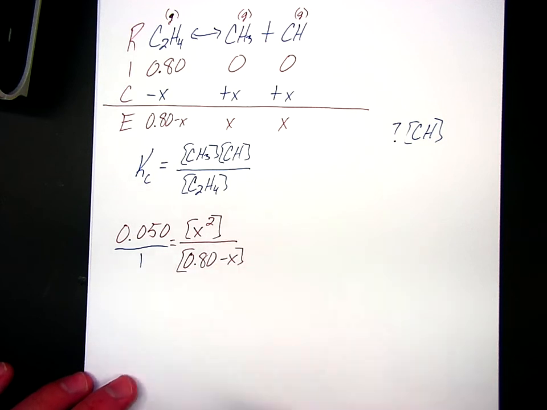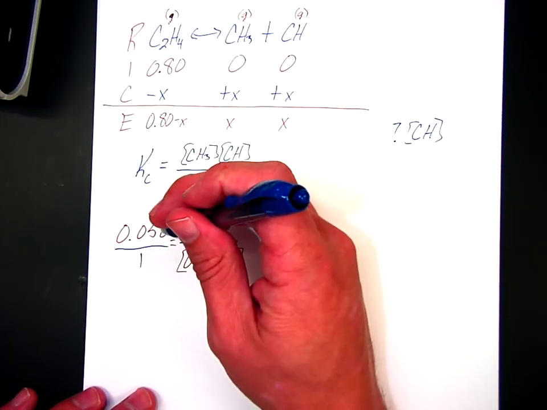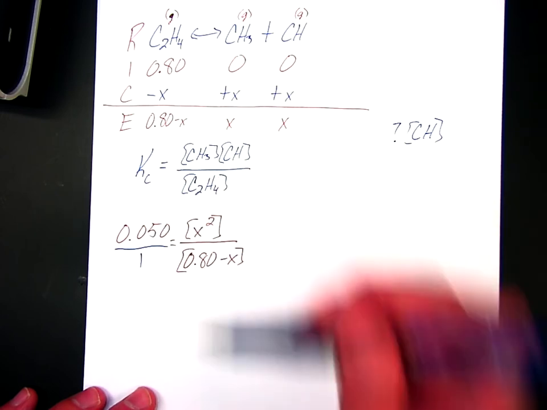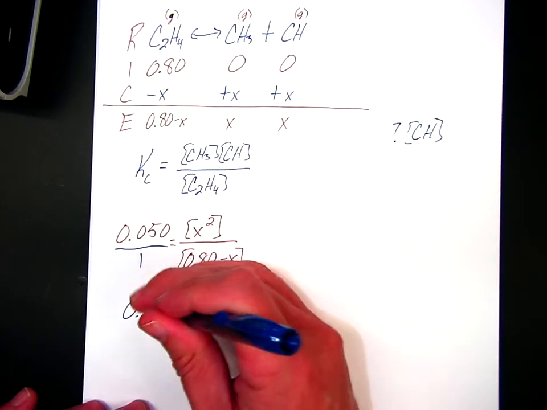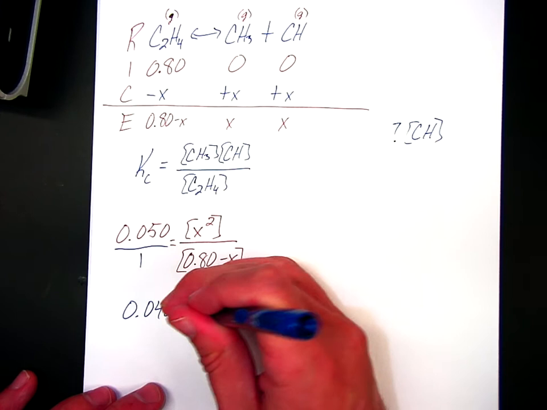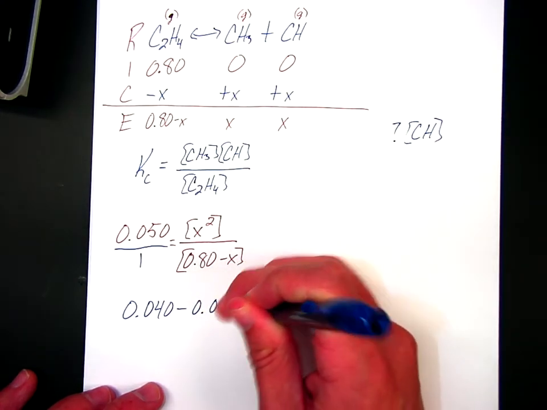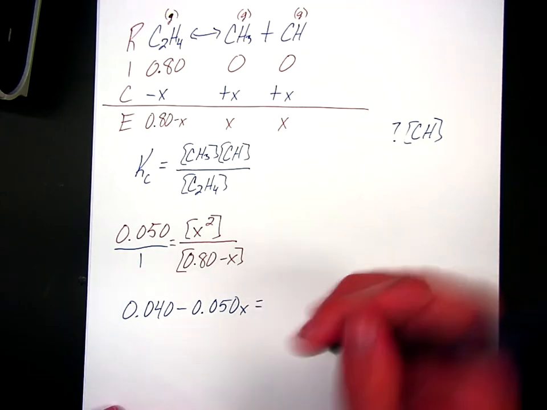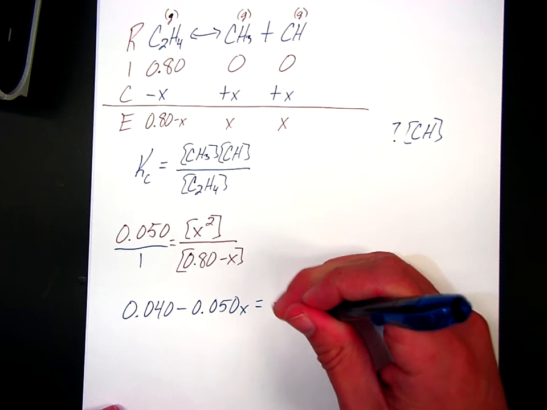I'm going to distribute in, so 0.05 times 0.8 is going to give me 0.040, and then 0.05 times X is going to give me 0.050X, equals 1 times X, which I already simplified, but it's X squared.